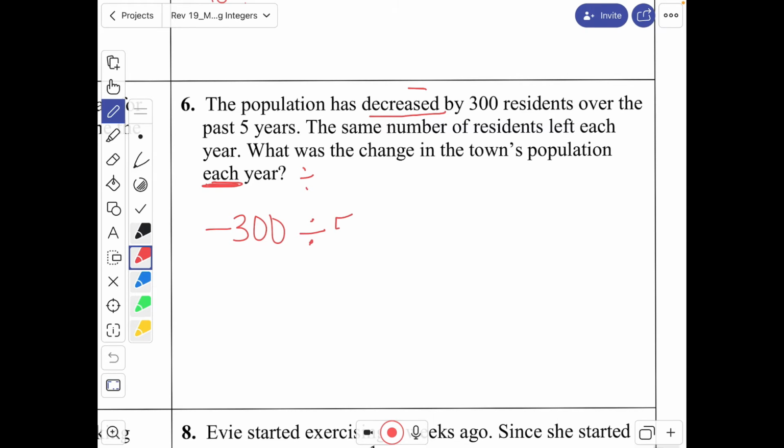So we're dividing negative 300 by 5. And we don't have to do it out long division. Think about how many times 5 would go into 30? 6 times. And then there's one more 0. And they have different signs, so my answer is negative.